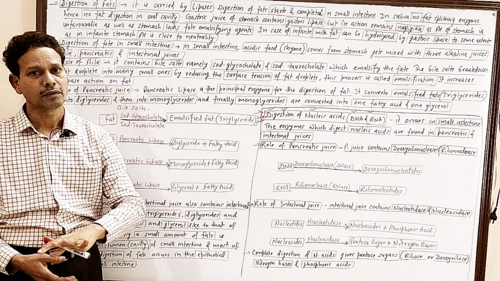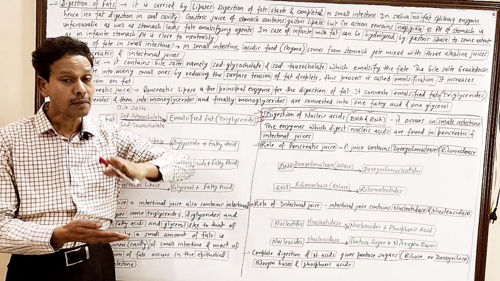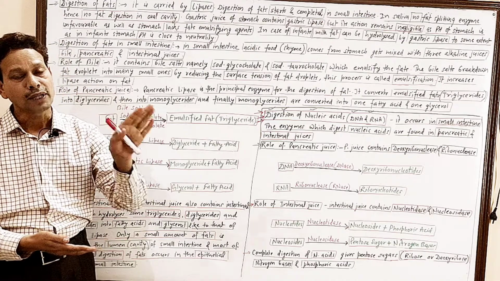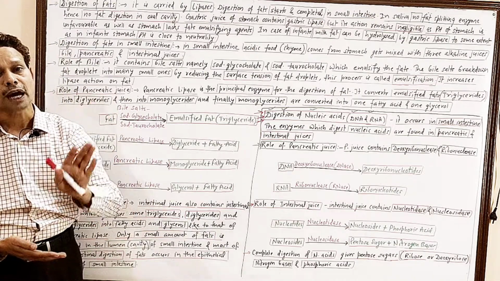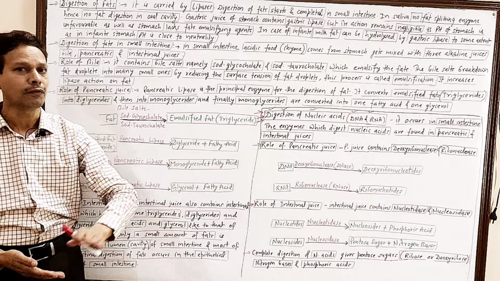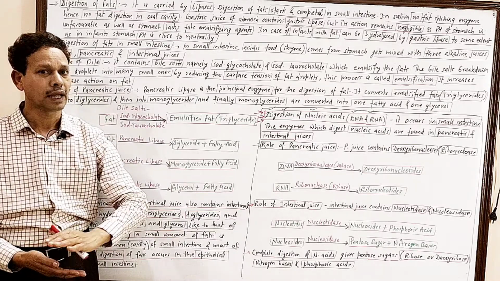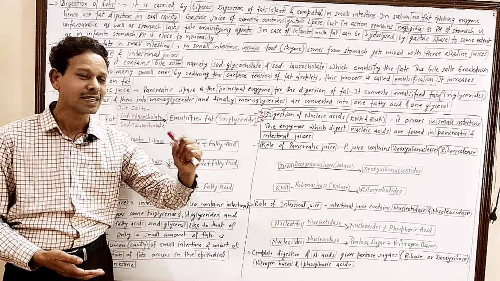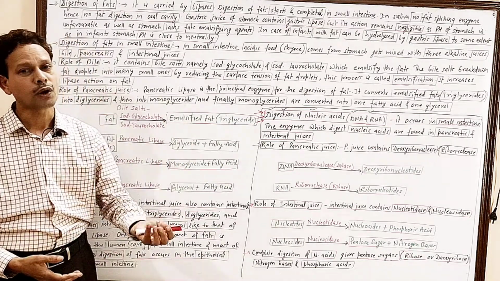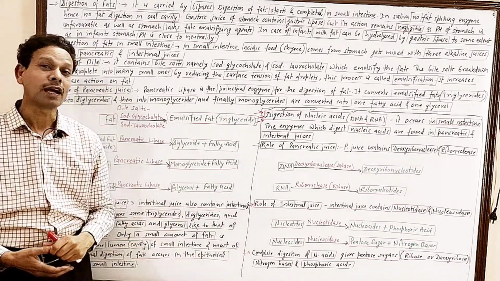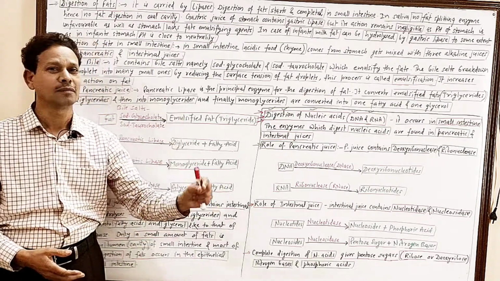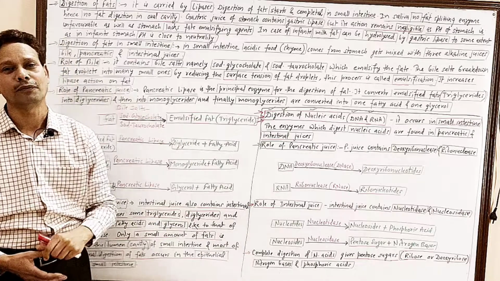Chyme means the acidic food from the stomach, and it is converted into alkaline food, into chyle. The alkaline food is chyle, and this conversion is carried out by the bile salts, particularly sodium bicarbonate, which is involved in the conversion of chyme into chyle, acidic food into alkaline food.